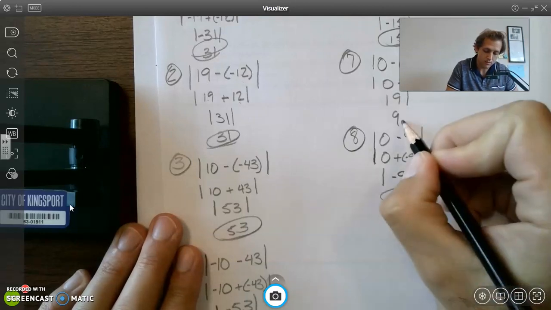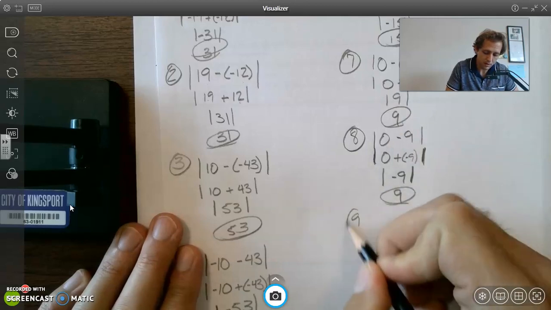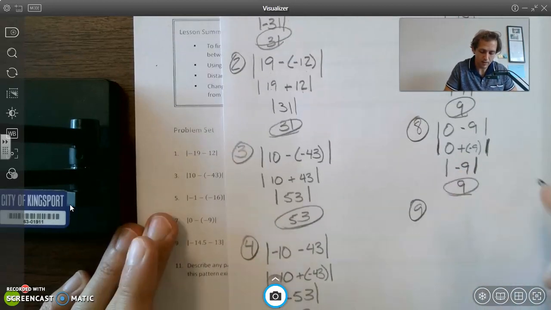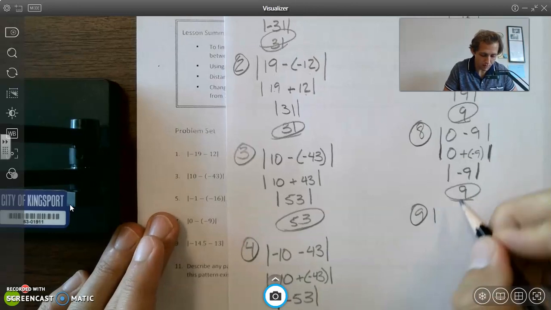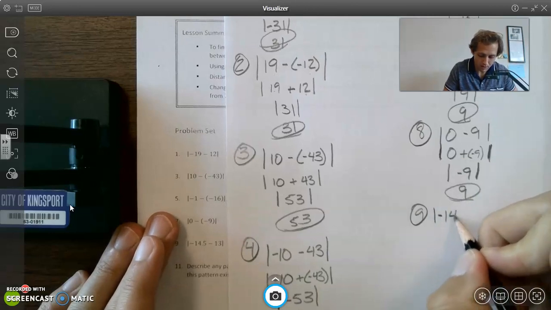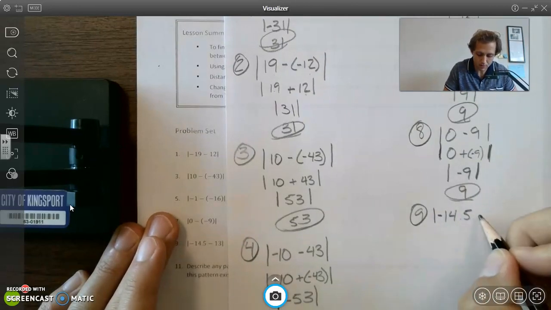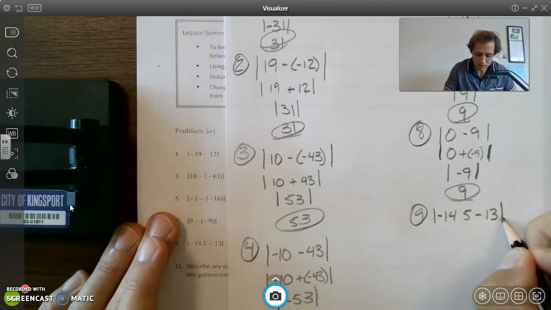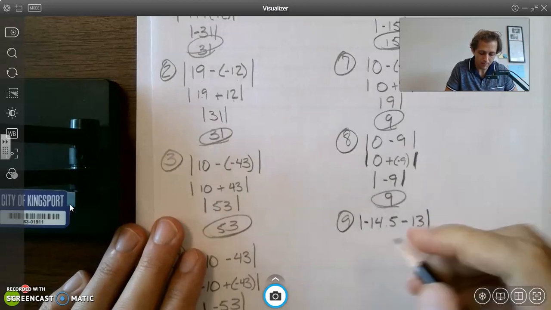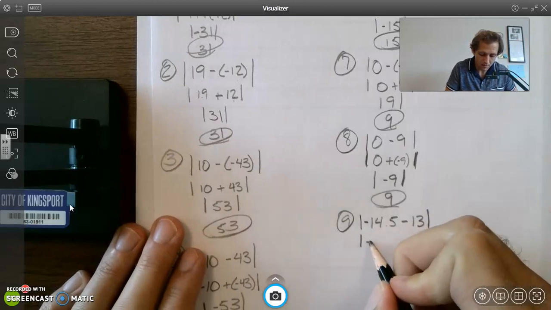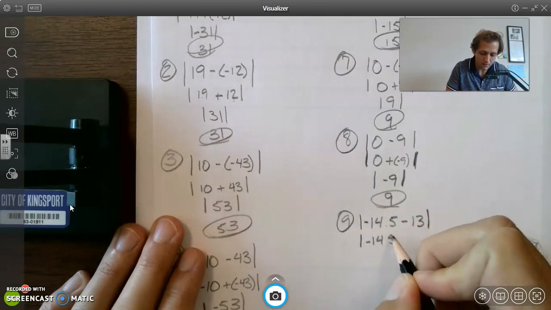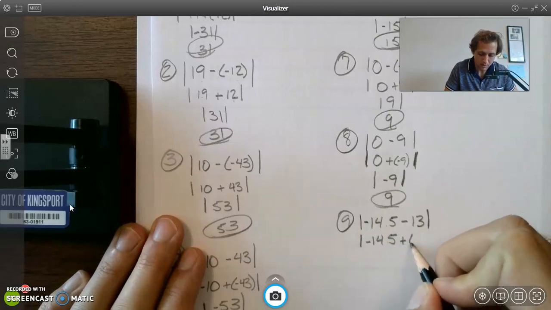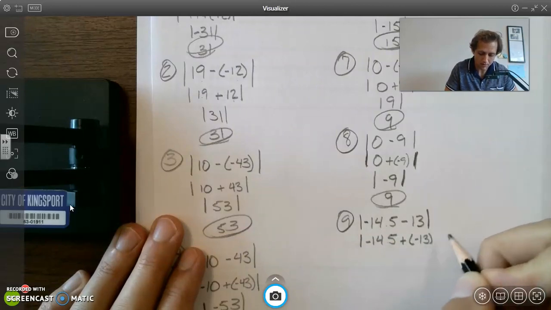Question number 9. The absolute value of negative 14.5, 14 5/10, minus 13. That is the absolute value of negative 14 5/10 plus negative 13.